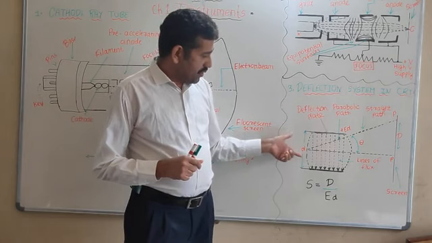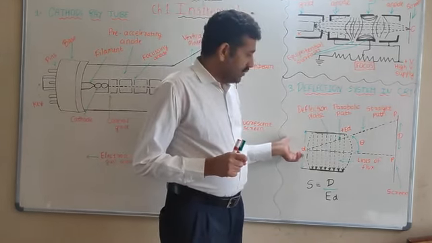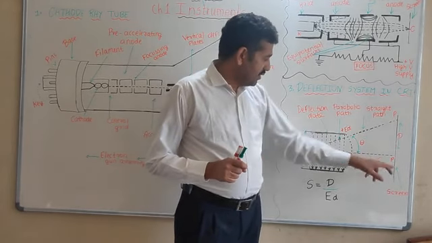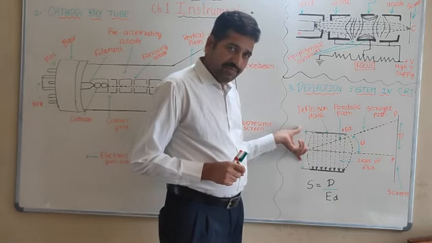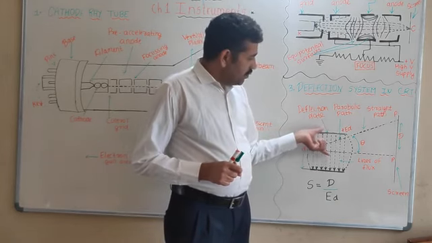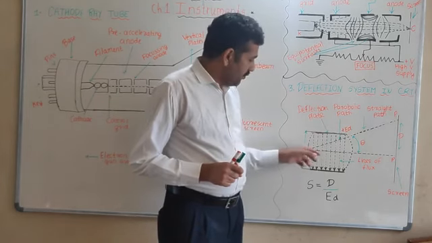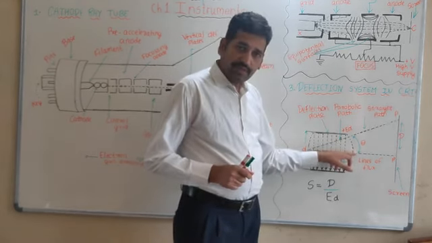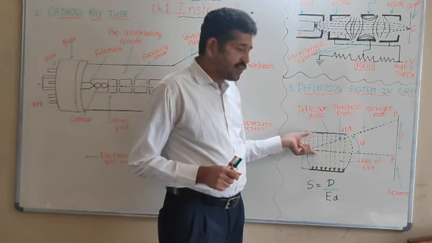Let us look at this figure to see how the electron beam is deflected onto the screen. These are the deflection plates. This plate is given input voltages. When an electron passes through this cavity, this portion has already produced an electric field.